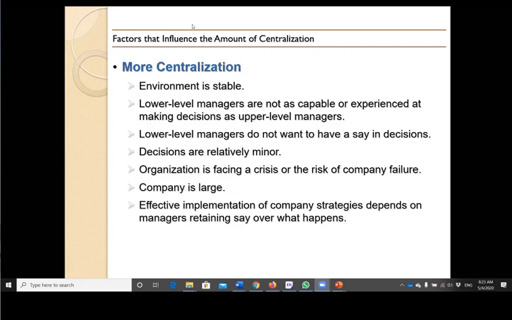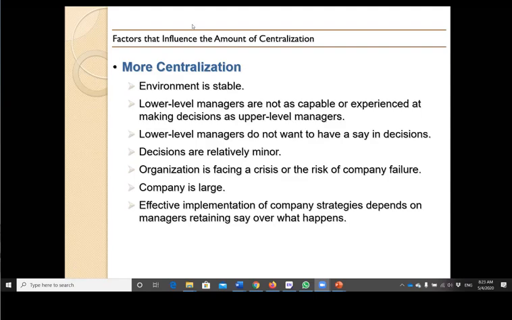Good. Okay. In my opinion, when I work as a lower manager, I do not have enough information about the problem that I want to make decisions on. So that's why they don't want to involve them in the decision-making process.